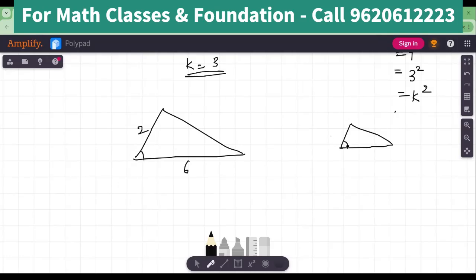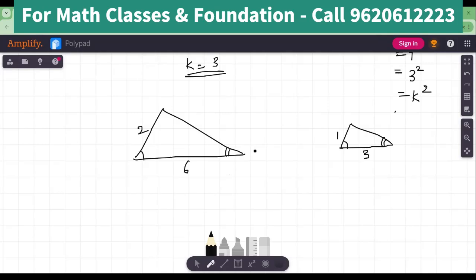This angle is the same as this, and this angle is the same as this. And let's say this side is 1. Then we know that this will be 3, so that it can be proportional: 1 times 2 and 3 times 2, right?